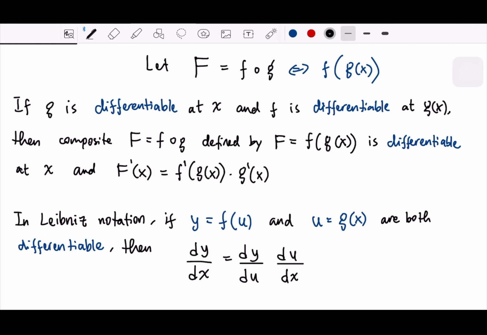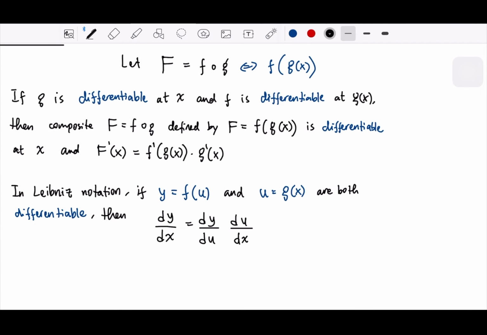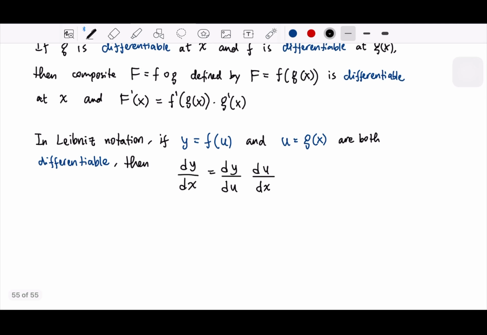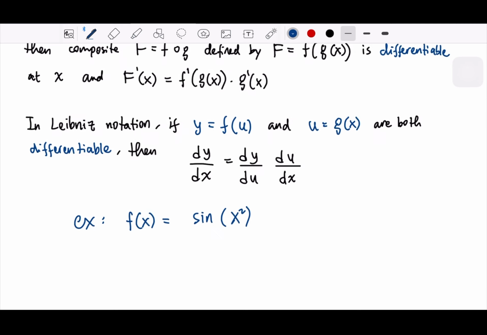Okay, so to give you the idea, let me give you an example first. We have learned trigonometric functions. So for example, let's say we have a function sine, and then we have x squared here.